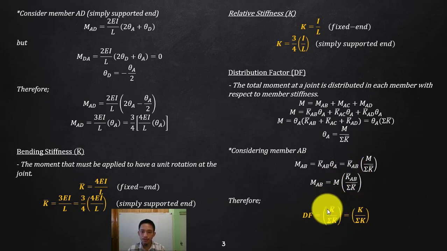So the K bar, or the bending stiffness, over the summation of bending stiffness of all the members, multiplied with the total moment, is what will be carried by the member. Or again, if E is constant, then you can just say that that is the relative stiffness K over the summation of K. So that is how we will distribute, so that you will know how much this member will hold from the total moment.